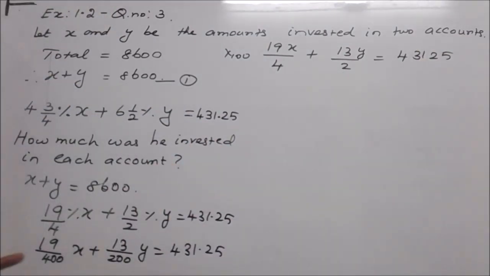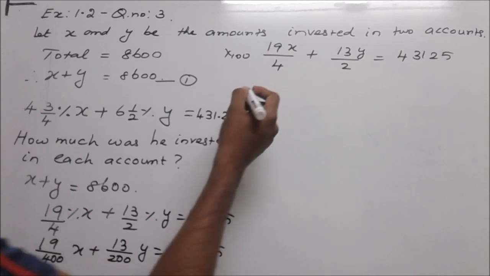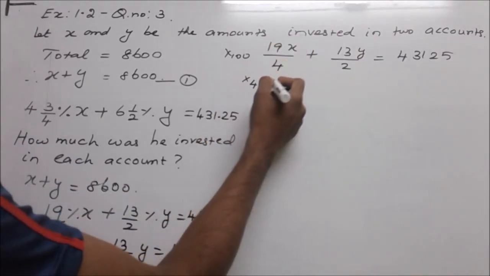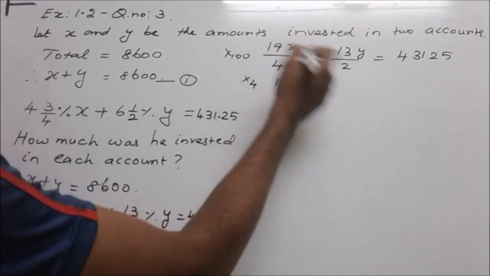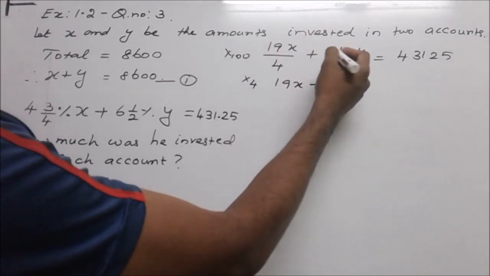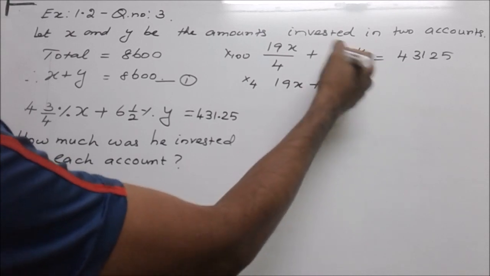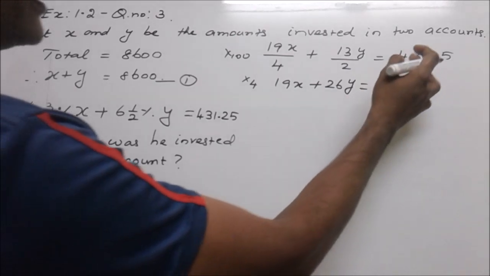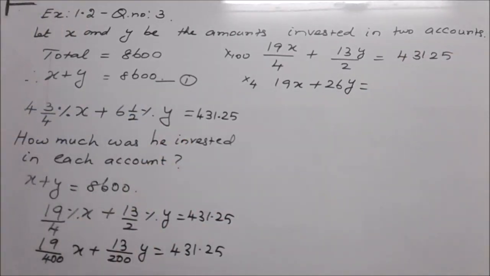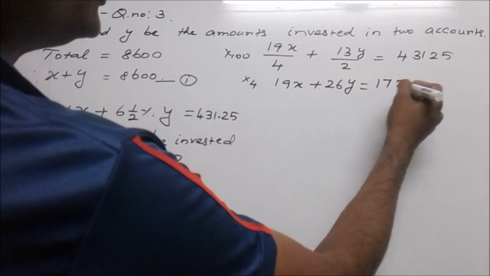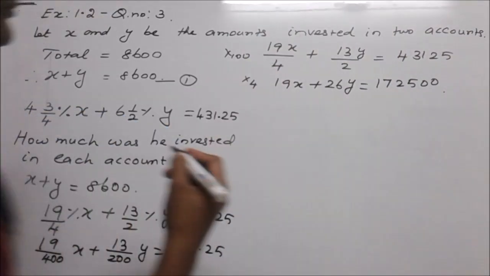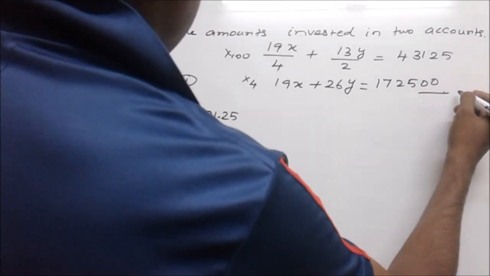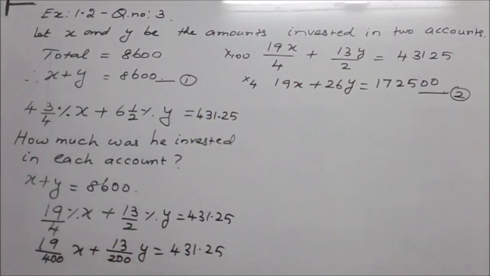Again multiply by 4, we get 19x, the 4s cancel, plus 4 into 13y/2, cancelling 4 and 2, you have 2 into 13, 26y, that is equal to 43125 multiplied by 4, which gives 172500. Here we receive the second equation.